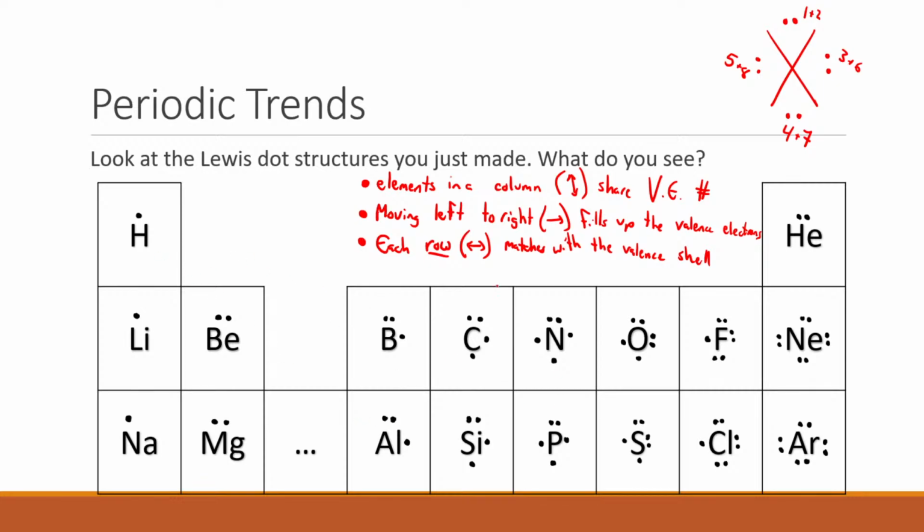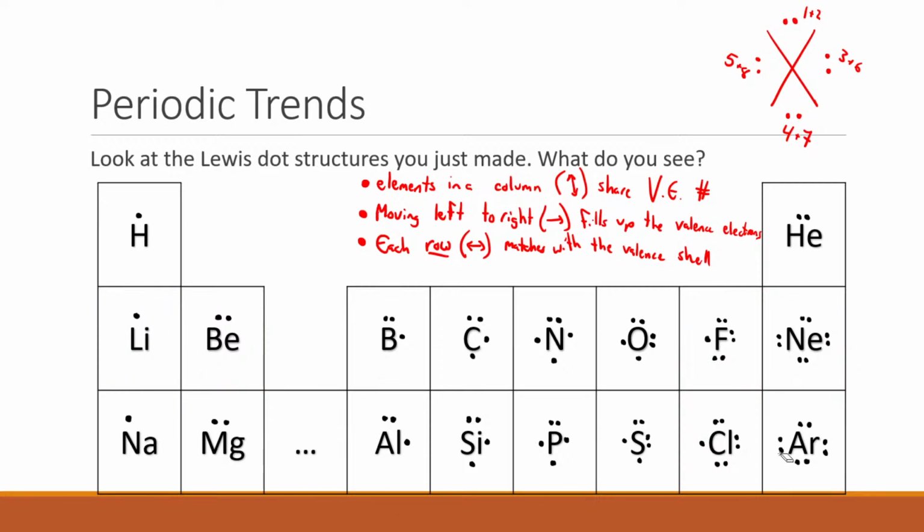And because of these patterns, we can say that lithium has the same number of valence electrons as hydrogen, but has one additional shell, right? 2 shells versus 1 shell. Because we can look across the row and say, okay, there's fewer valence electrons on the left, more valence electrons on the right.